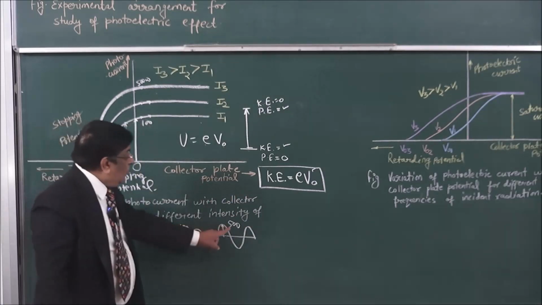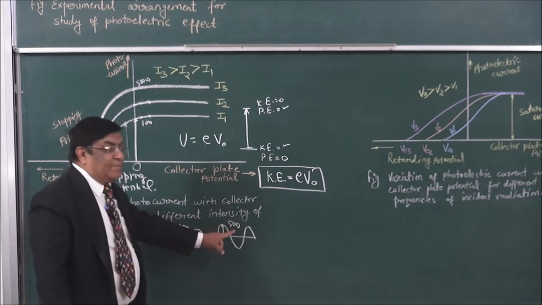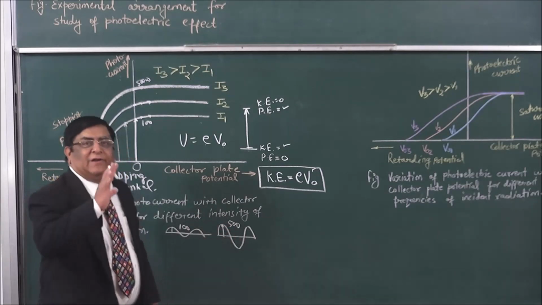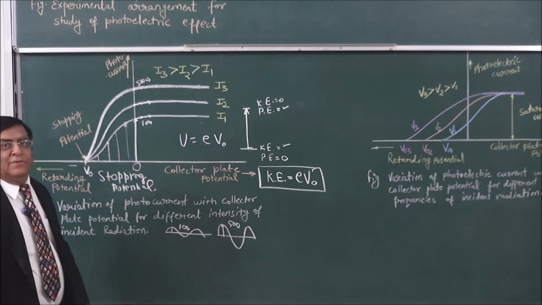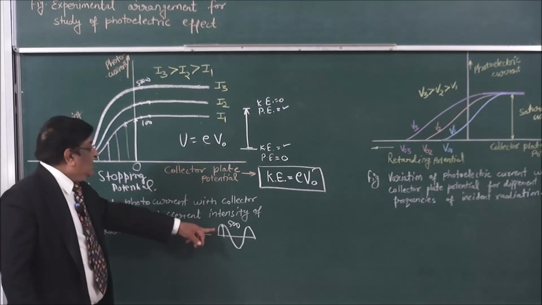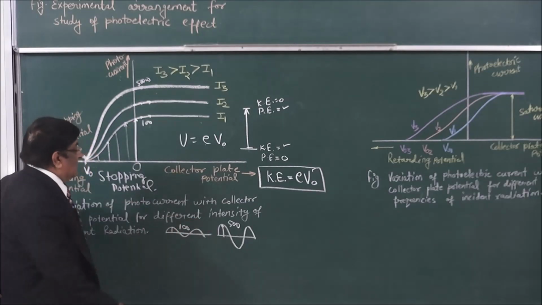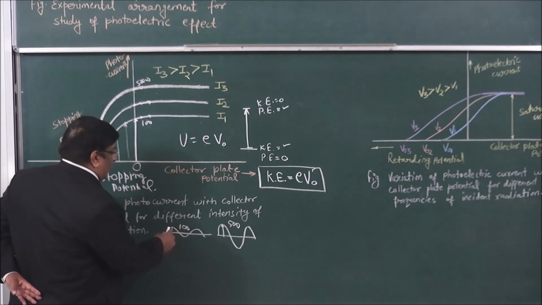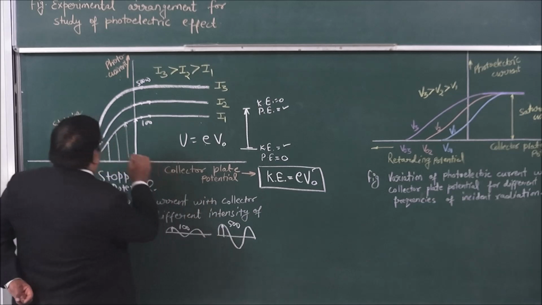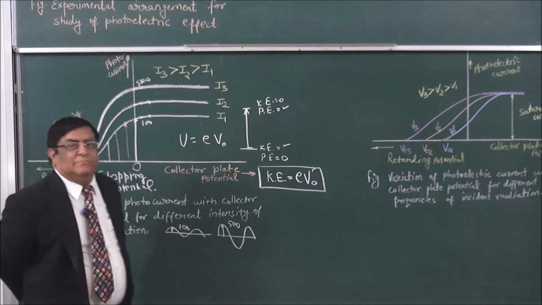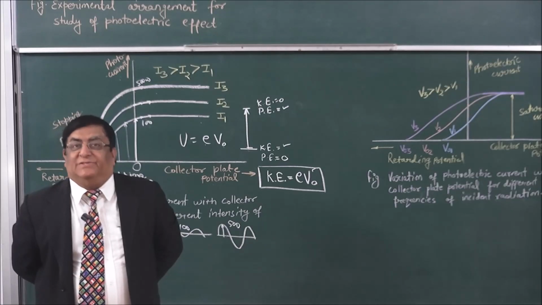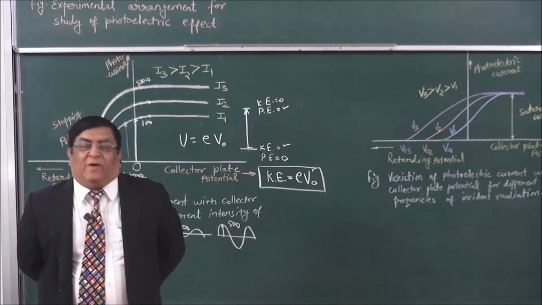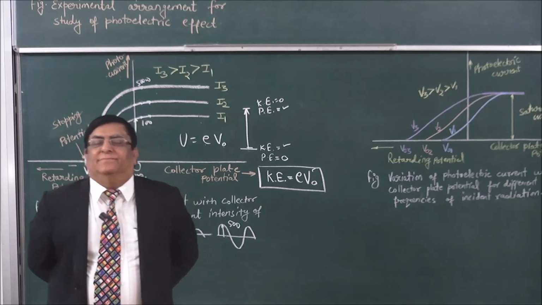If it has more energy, then to stop this we should have a higher value of minus V, but we don't find a higher value here. The same potential stops this which has stopped this. That means our assumption in wave theory that a change in amplitude changes the energy of the electron is wrong. We cannot explain why it is stopped at V0.